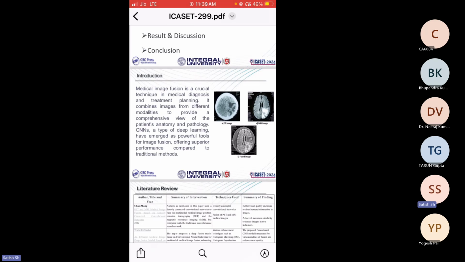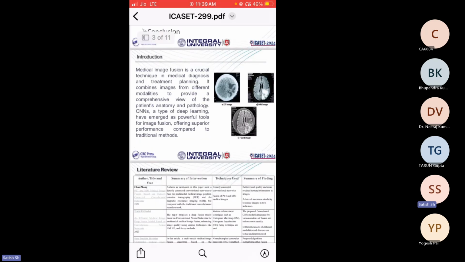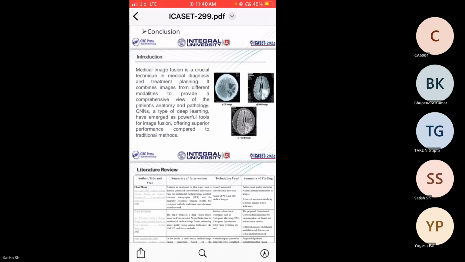Now, multimodal image fusion tends to fuse all the images into a single image and provide enriched information regarding a particular organ in a single image instead of having multiple images of different modalities. This can be achieved using a neural network. As we are aware, the CNN is a type of neural network which works like a part of the human brain that processes images.